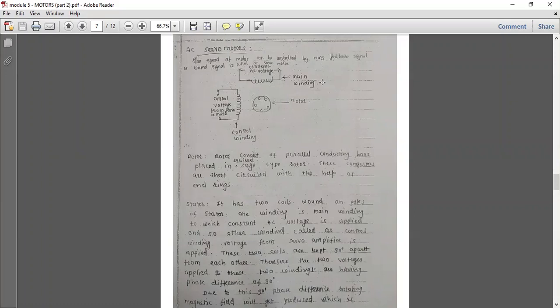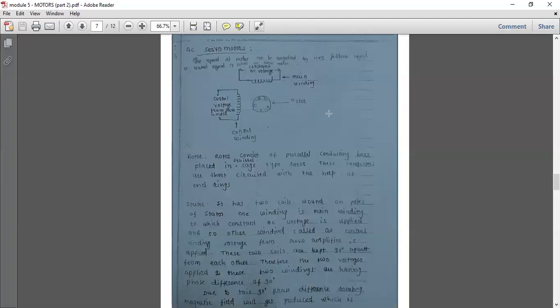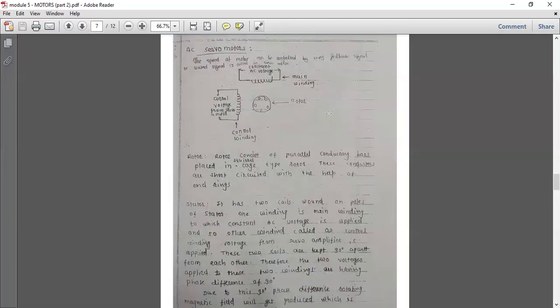Now, these two coils are kept 90 degrees apart from each other. Therefore, the two voltages applied to these two windings have a phase difference of 90 degrees.